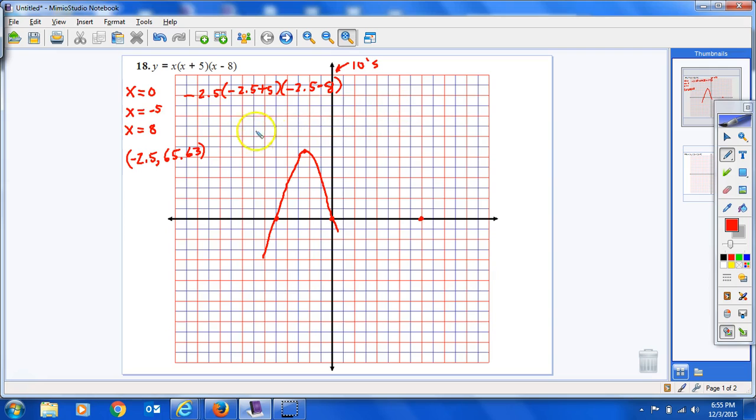So let's see what we get for y when we let x be 4 in this function. Okay, so we get 4 times 4 plus 5, which is 9, times 4 minus 8, which is negative 4. So 36 times negative 4, another big number.